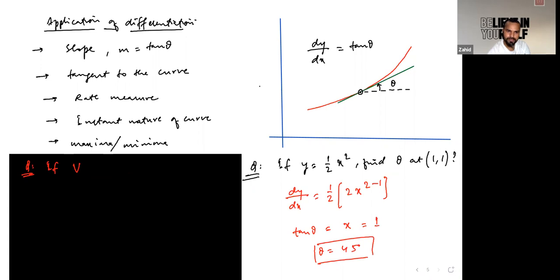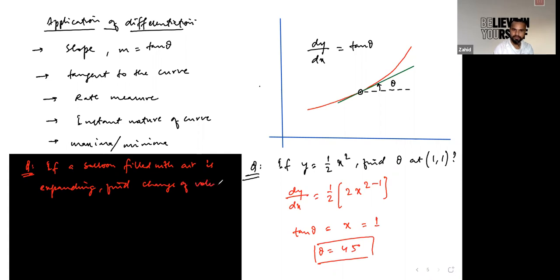According to the question, if a balloon filled with air is expanding, find the change of volume with respect to radius at r equal to 2 units.